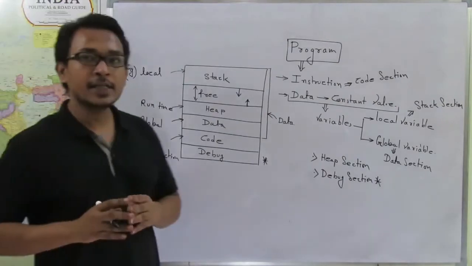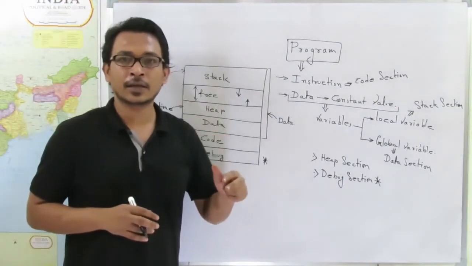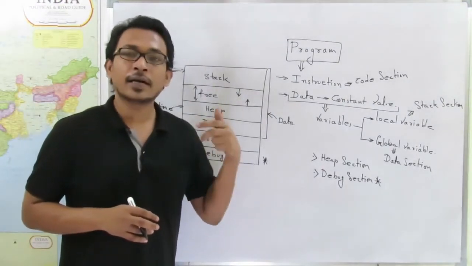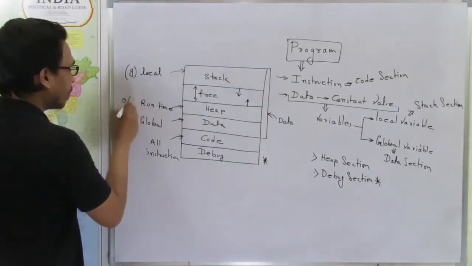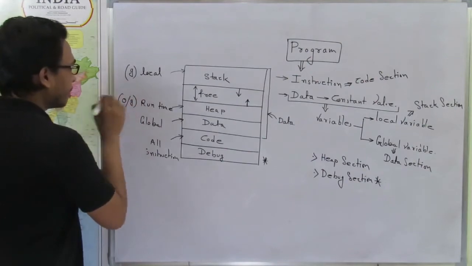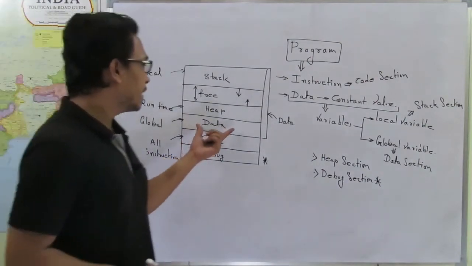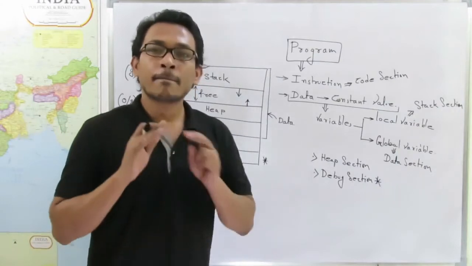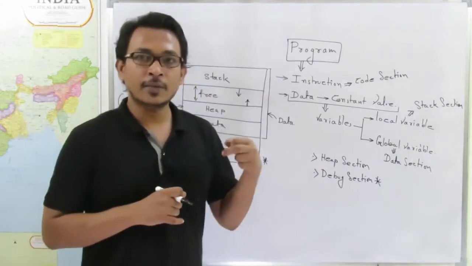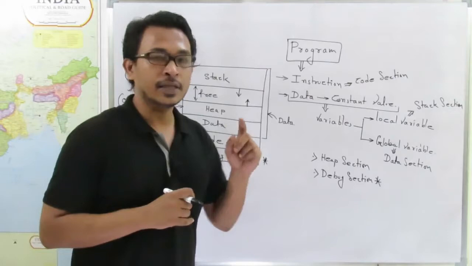Whenever memory is allocated from the heap section, the initial value will be either 0 or garbage. But when memory is allocated from the data section, the system automatically initializes that particular variable with 0.